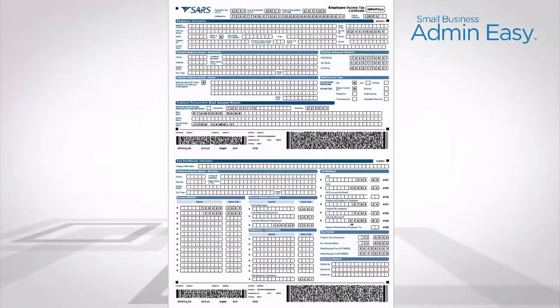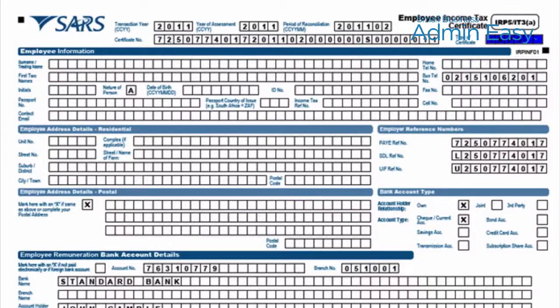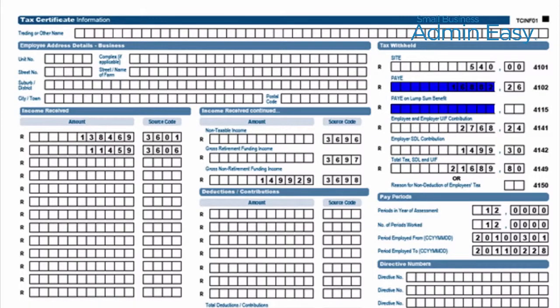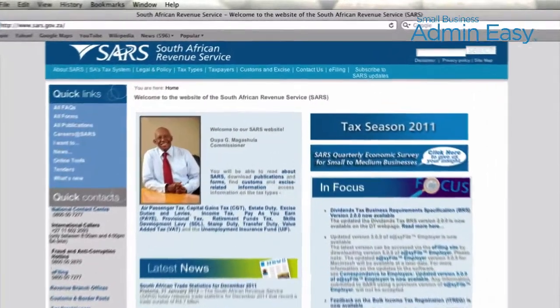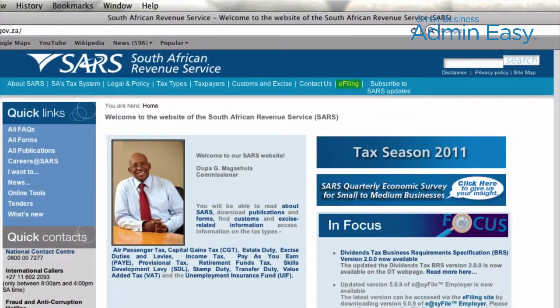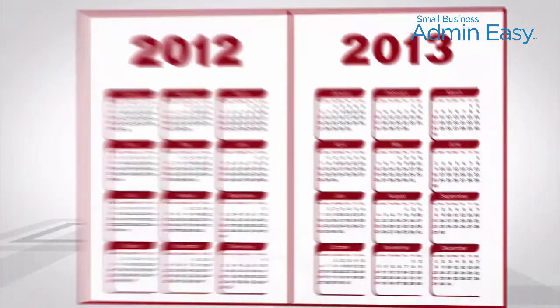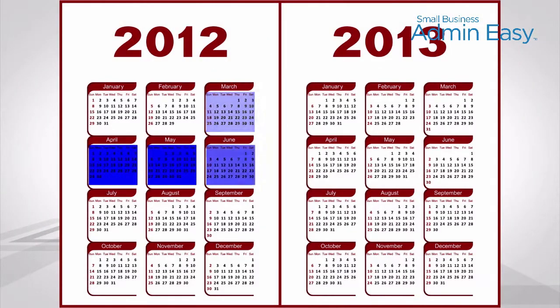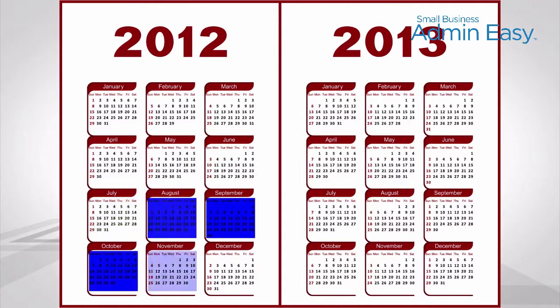An IRP5 is basically a certificate which states exactly how much PAYE has been deducted for a particular employee for the tax year. It can be generated by the SARS Easy File software at no cost to the business. Remember, a tax year is from the 1st of March to the end of February the following year.